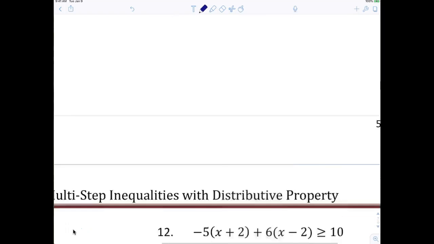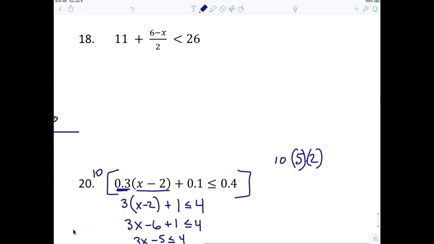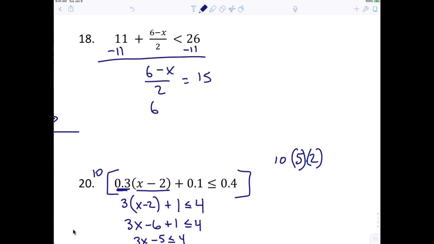I will do 18 now. All right, here we go. Okay, first thing I got to do is subtract 11. Now how do I undo the dividing by 2? Multiply. So 6 minus x is less than 30, right?